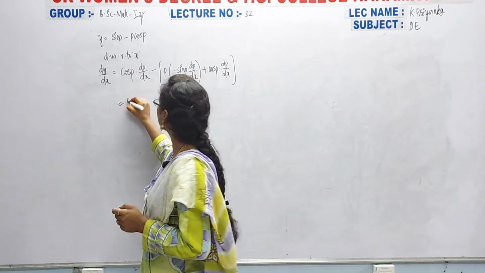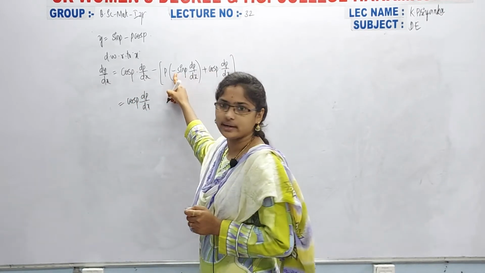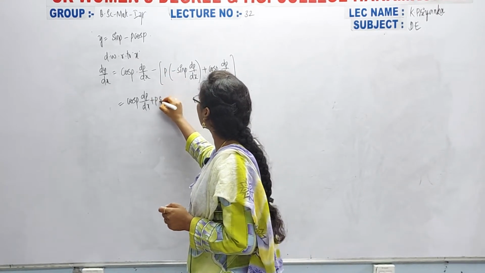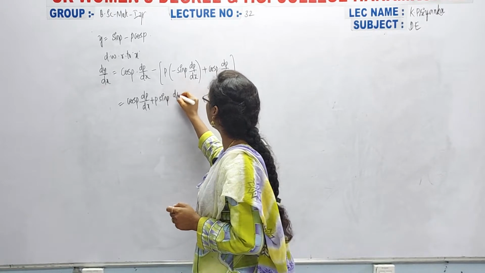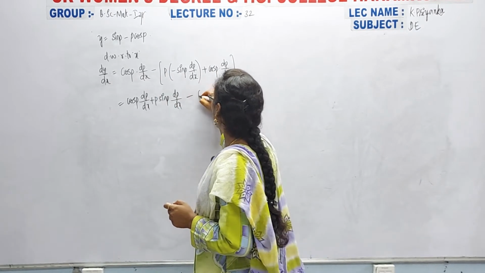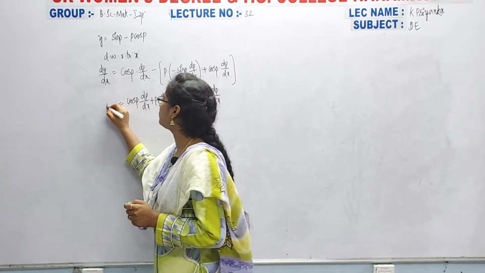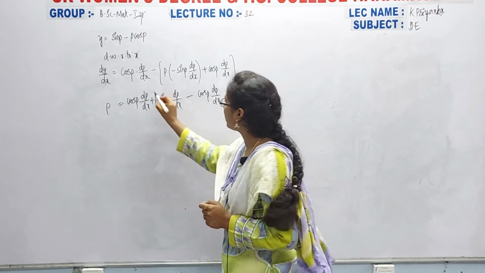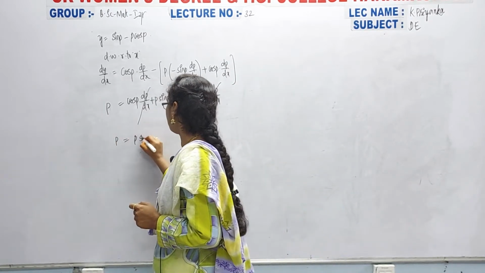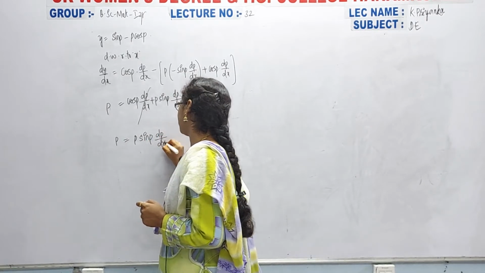So now here, minus into minus gives plus p sin p dp by dx, and minus cos p dp by dx plus cos p dp by dx. Can I cancel these two? Yes. And what is this value? This value is nothing but p. Now p equal to p sin p dp by dx.